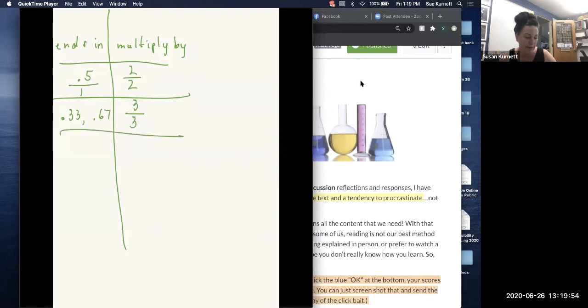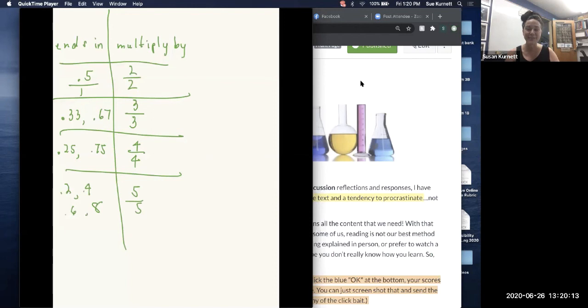If it ends in something that looks like a quarter or 3/4, multiply by 4 over 4. And then if it looks like 0.2, 0.4, 0.6, or 0.8, multiply by 5 over 5. And that's as high as we'll go in general chemistry.